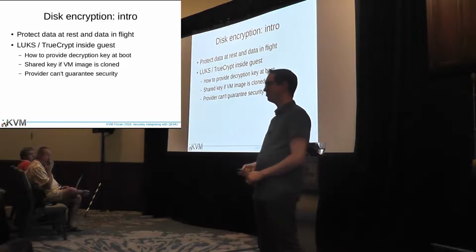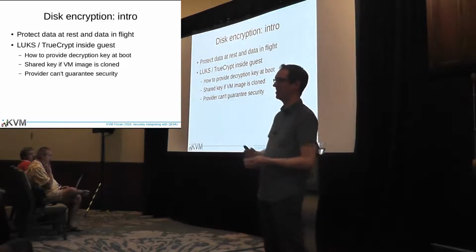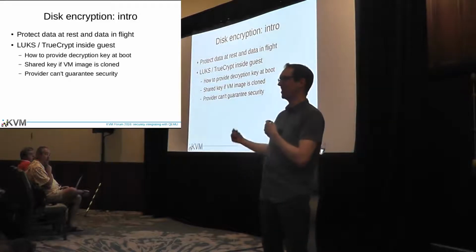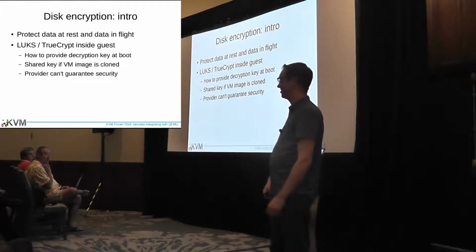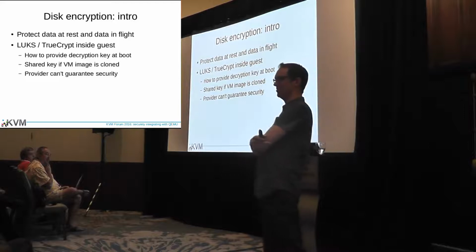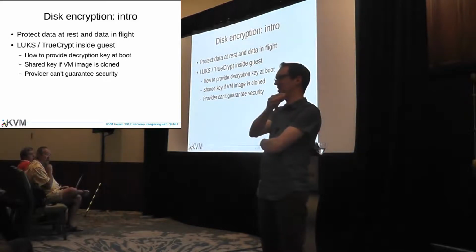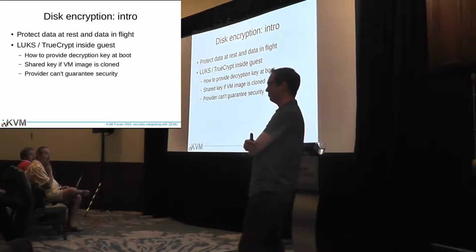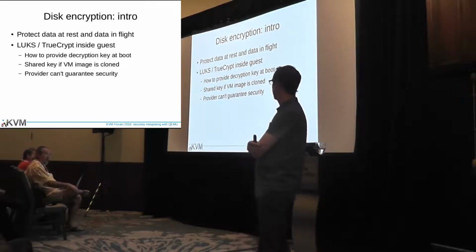You don't want to have multiple VMs all with the same decryption key for their disk. The only way to get around that is you'd have to re-encrypt the guest disk image each time you booted a new VM from that same single image. And that's a time penalty you don't want to pay when you're booting new VM instances.